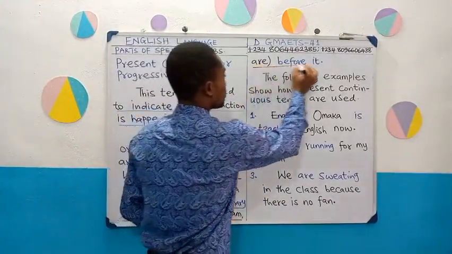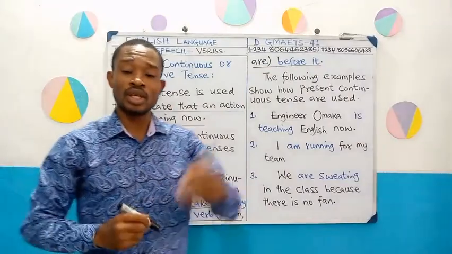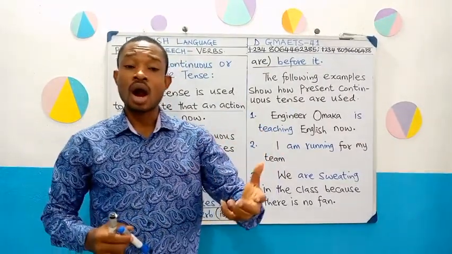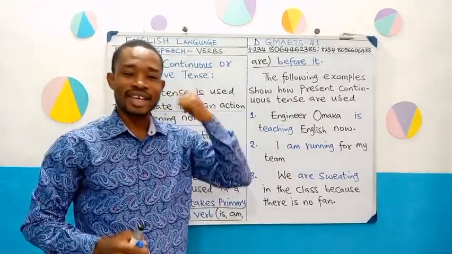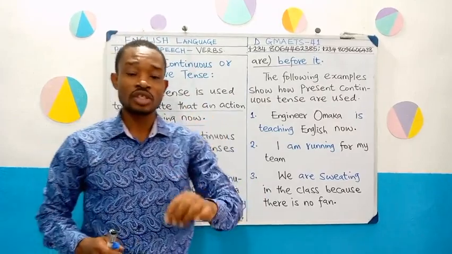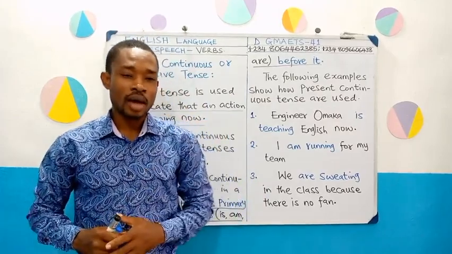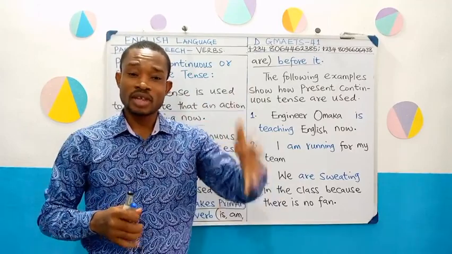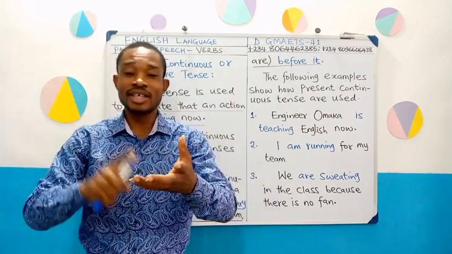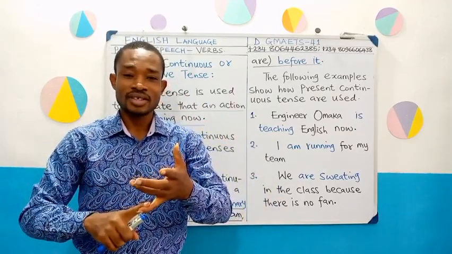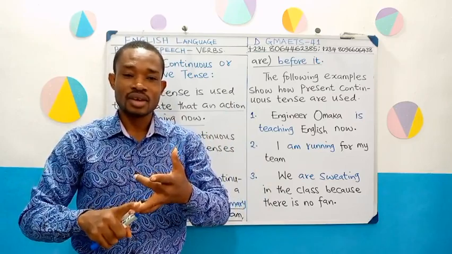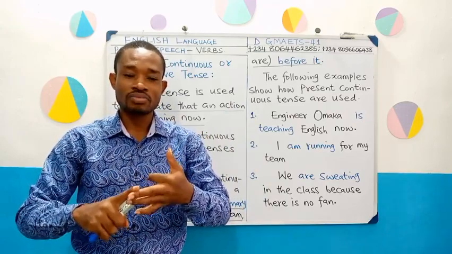Those ones in their what? Present tense form. Example: is, am, are. If you go back to our first class in English language, I taught you about the primary auxiliary verb, present and past tense. And I told you that is is present, am is present, are is also present.